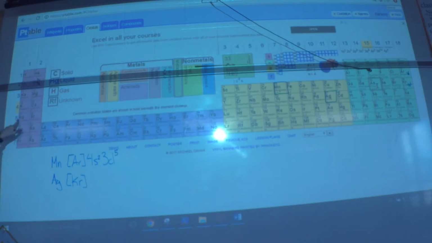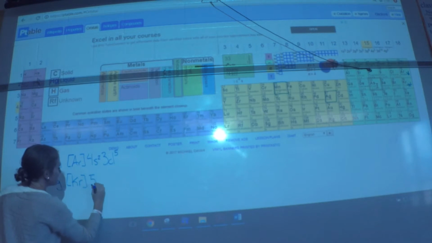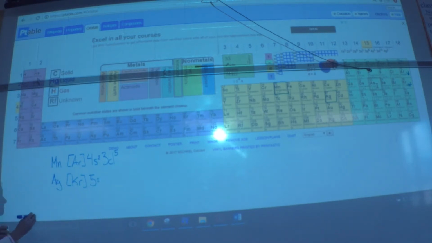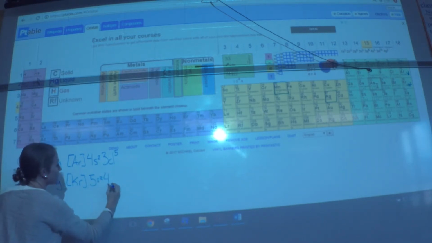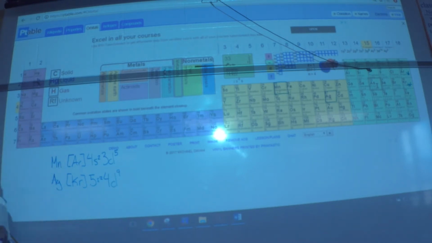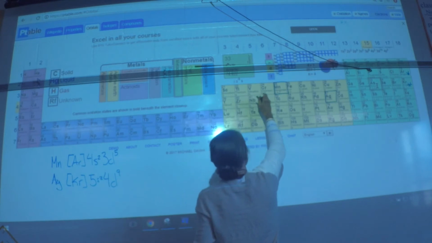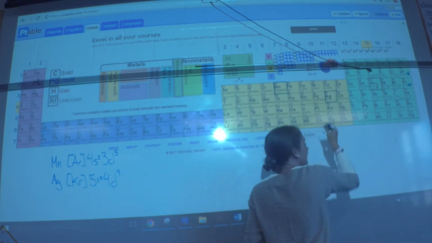Then we start here, which is 5s, so we're going to go 5s2, 4d9. Once again, if we just count the d's, 1, 2, 3, 4, 5, 6, 7, 8, 9.